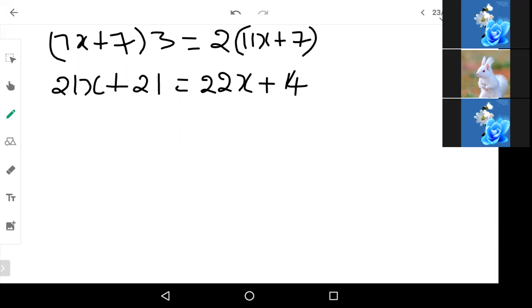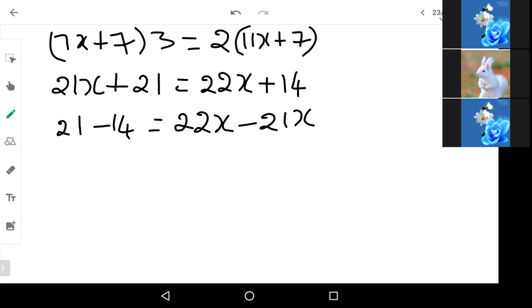Now get all the x to one side and the constants to the other side. I hope you know how to solve this part, right? So 21 minus 14 is equal to 22x minus 21x. 21 minus 14 gives 7, which is equal to 1x. Therefore x is equal to 7.